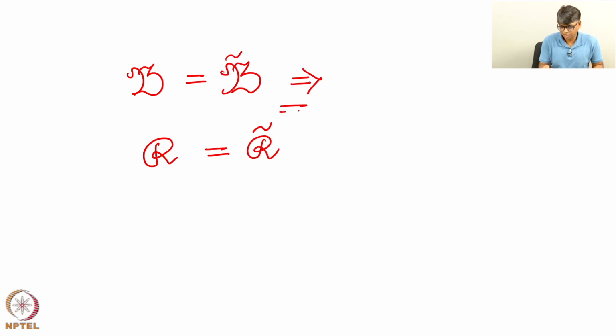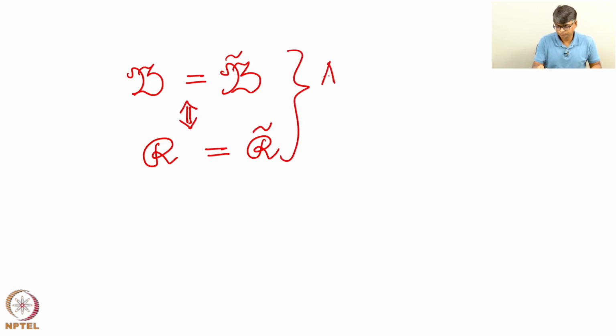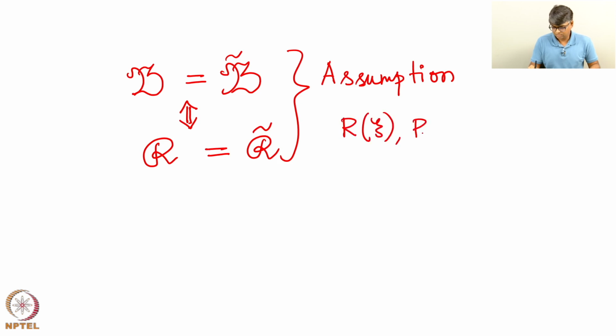The other direction we had already proven, so we have an if and only if condition now, right. The only catch was that we had assumed that R xi and R tilde xi both were square G by G size matrices.